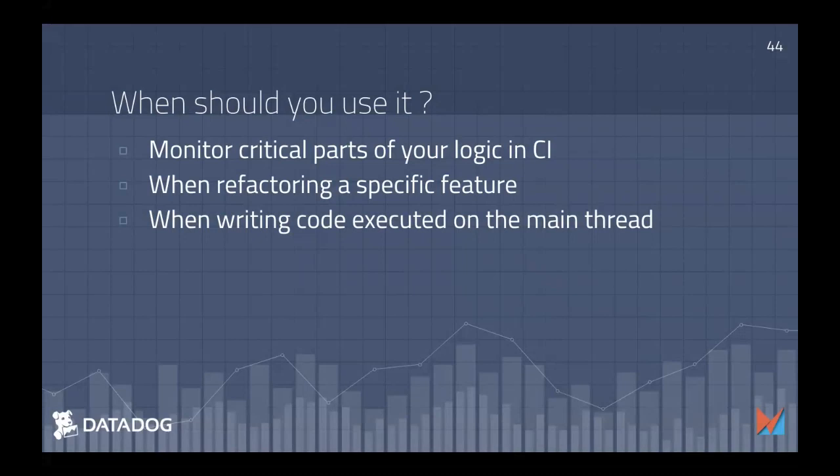So you can do a first run with the benchmark library to know exactly how long a specific feature takes to run, do your refactoring, and then measure it again. You can also use it to write code that's executed on the main thread, which is the one thread you don't want to block, and to make sure that if the code needs to be executed on the main thread and it can't be delegated to another thread, it stays below a given threshold.